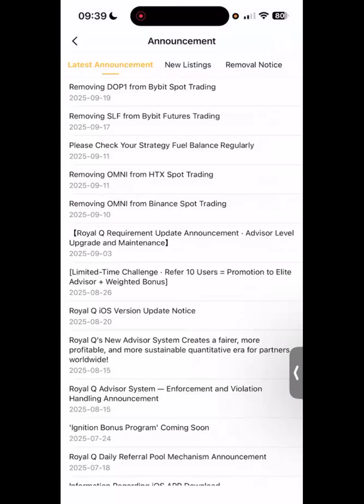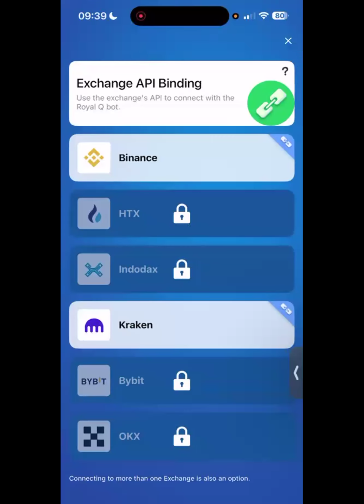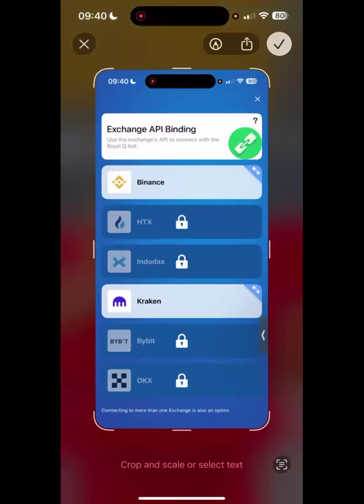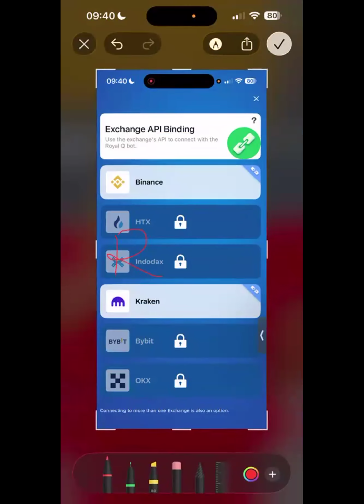All right, let us move out of the announcement and go to API binding. So what is API? API stands for Application Programming Interface. What does it do? The API helps you to connect your RoyalQ robots to the exchange.